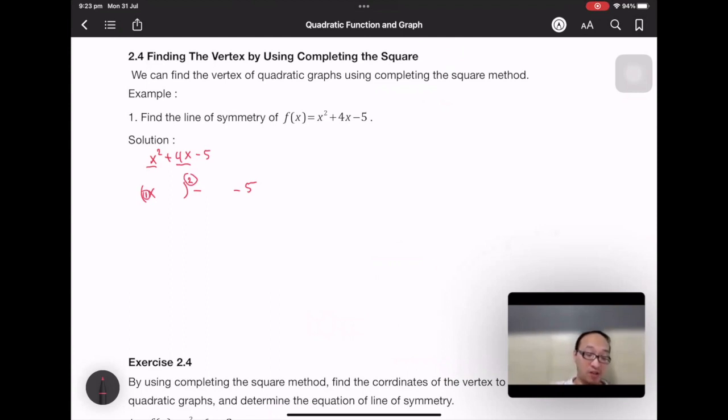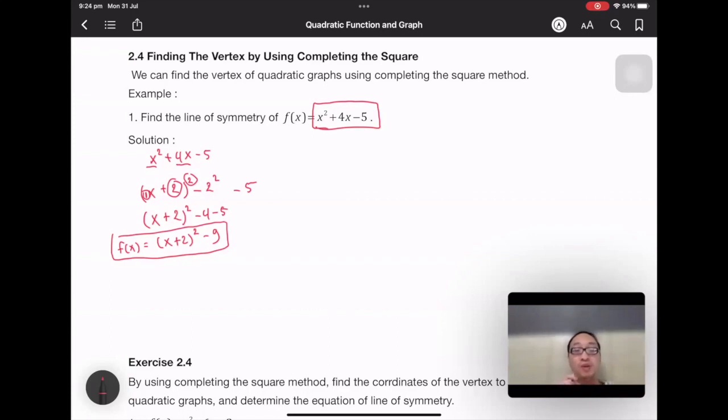Here is 1, so it goes to plus 2. And then minus this number squared, so 2 squared. We can simplify into (x plus 2) squared minus 4 minus 5. So it's (x plus 2) squared minus 9, and this equals f(x). So now we have changed the form from the quadratic general form into the completing the square form.